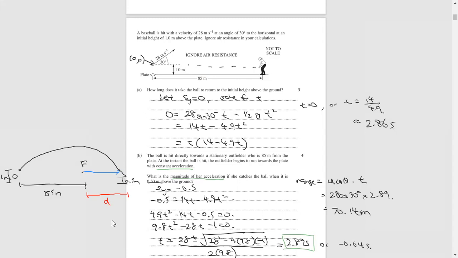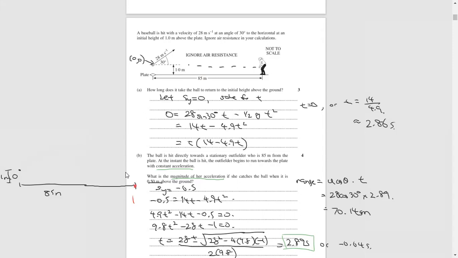Okay, so I've drawn it the wrong way around. Instead of running out, the fielder's running in. So actually, what's happening is the ball doesn't reach the fielder. So the fielder is somewhere out here. I mean, the question wasn't clear, I think. It just says runs towards, and I wasn't sure if that was out or in.